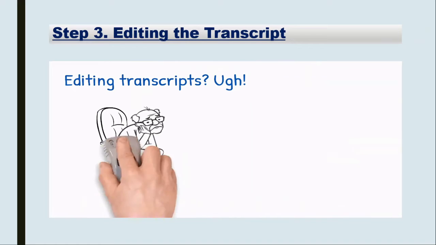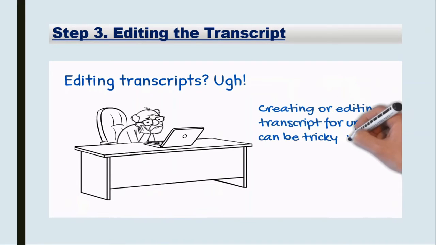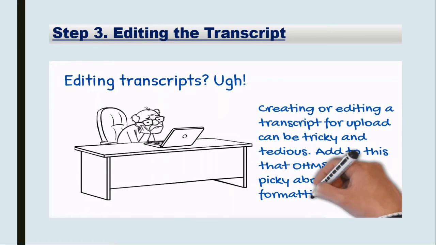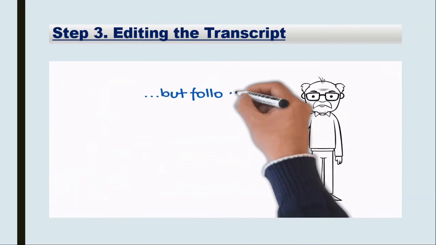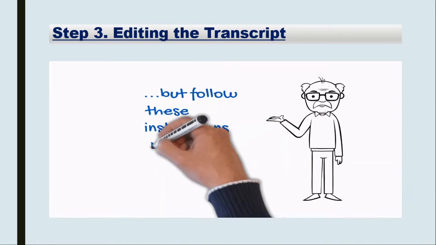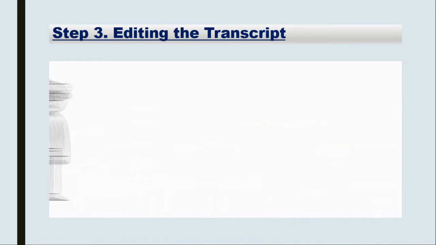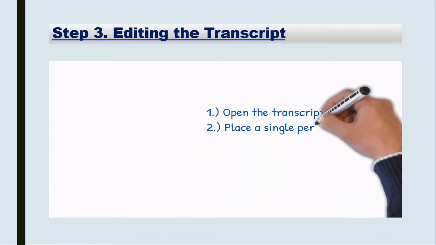Creating and editing transcripts for upload can be tedious or just not much fun, as OHMS is very picky about formatting. However, if you will follow these instructions, there should be no problem, and this process should be survivable. First, open the transcript in Word.